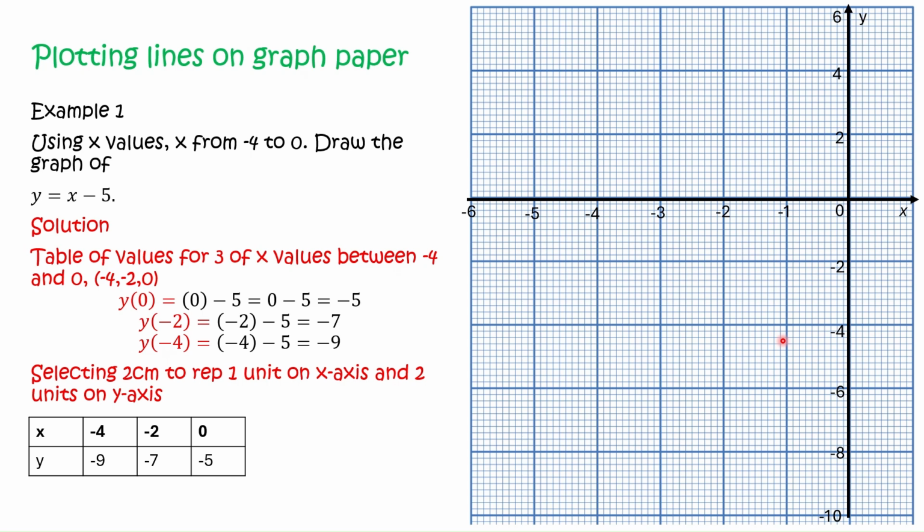So that is how we would plot it. Using 2 centimeters representing 1 unit on the x-axis and 2 centimeters representing 2 units on the y-axis, we are going to have that. But we could still use the same 2 centimeters to represent 1 unit in the y-axis as well.